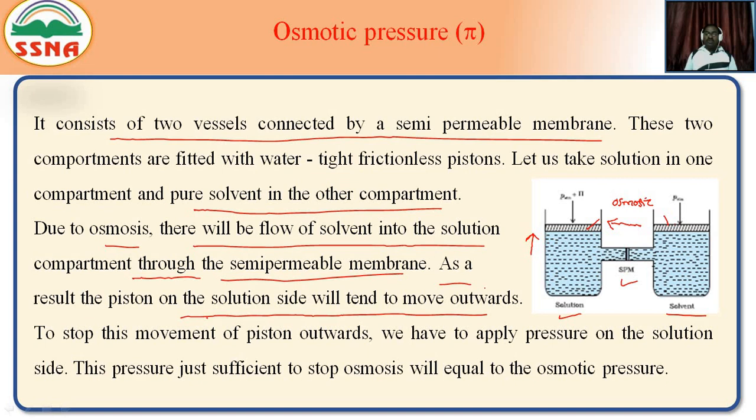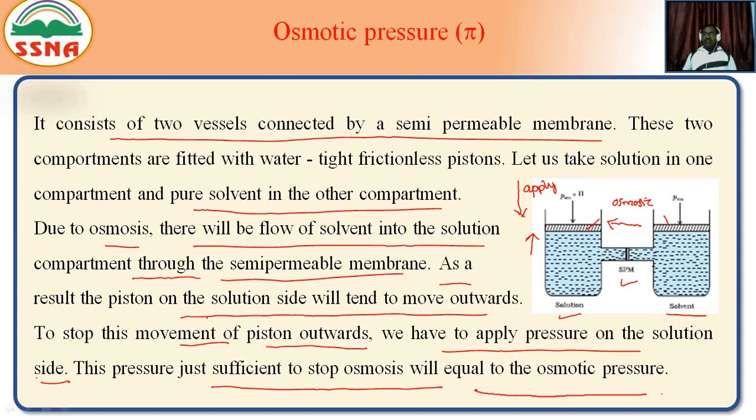To stop this movement of the piston outwards, we have to apply pressure on the solution side. Here, we are going to apply the pressure to stop the flow of solvent molecules from solvent to solution. This pressure just sufficient to stop osmosis is equal to the osmotic pressure.